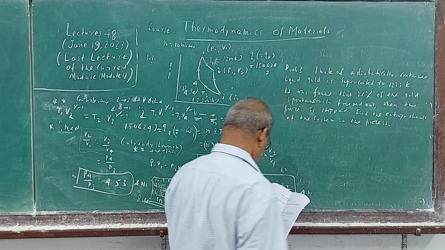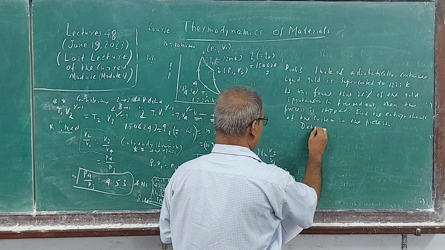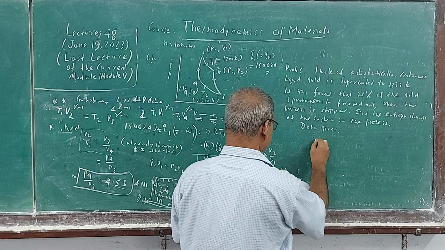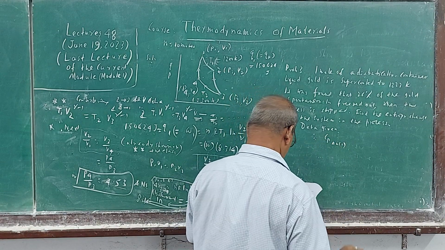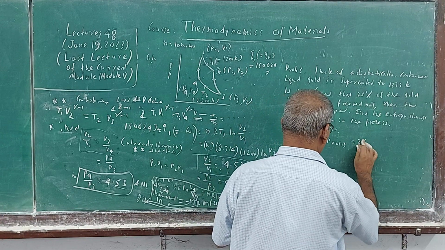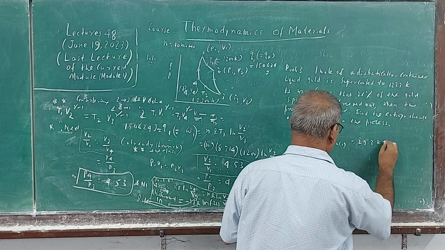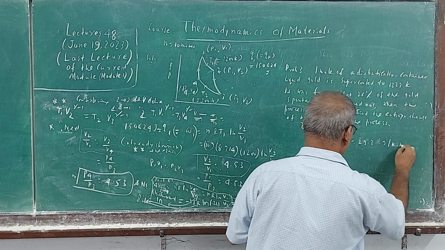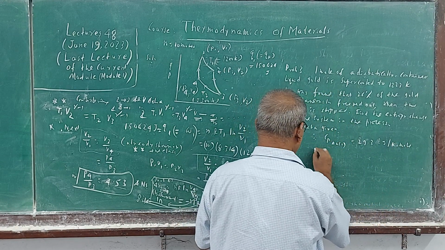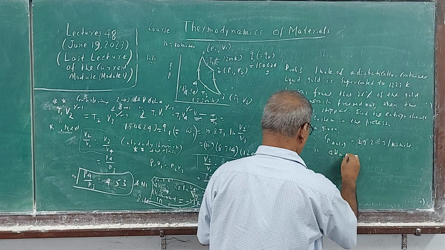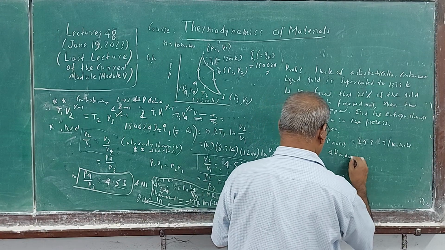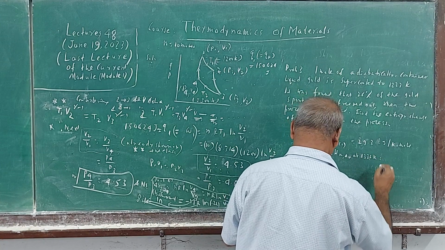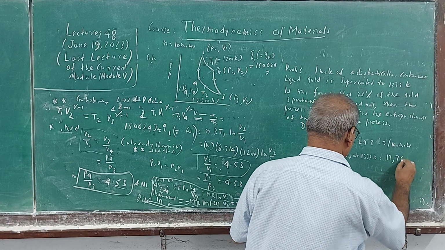Data given: Cp of gold liquid, 29.3 joule per Kelvin per mole; delta H_m of gold at 1336 Kelvin, 12,760 joule.